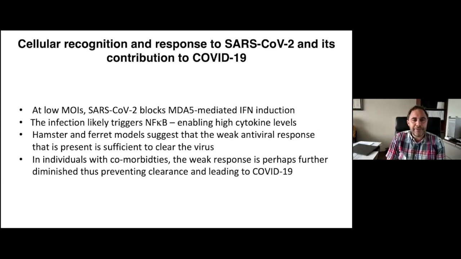Whereas perhaps in individuals with comorbidities, this same initial response is even weaker, and it just completely fails to control local infection, which ultimately exacerbates the immune response as the more professional immune cells start coming into the lung.